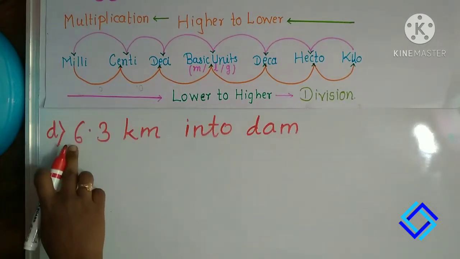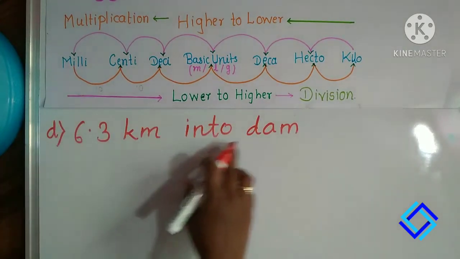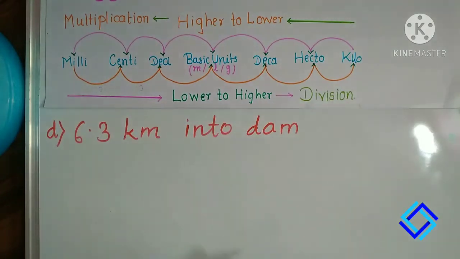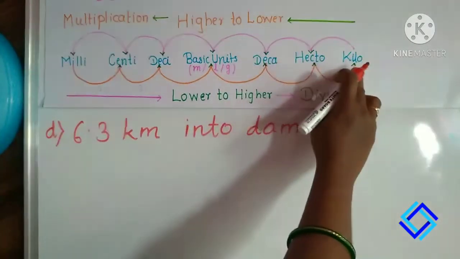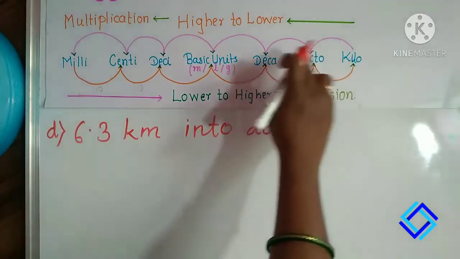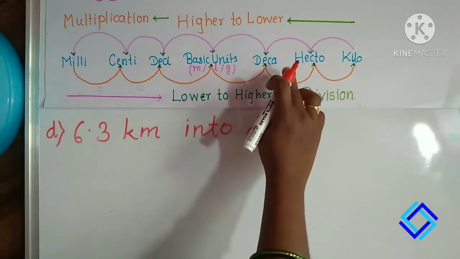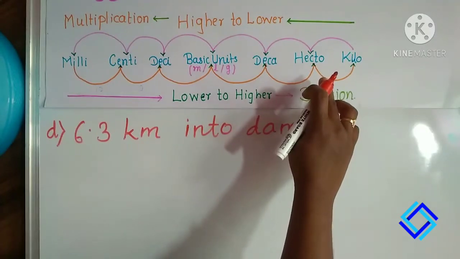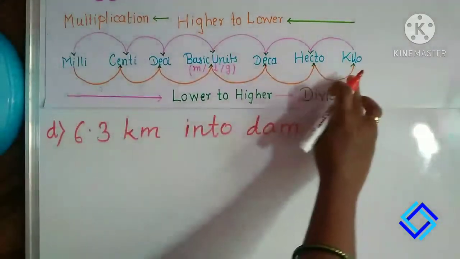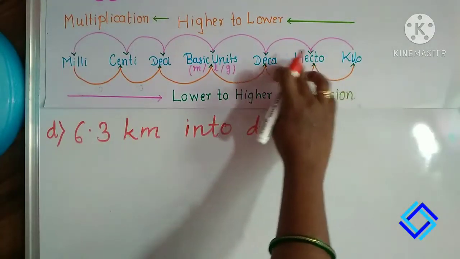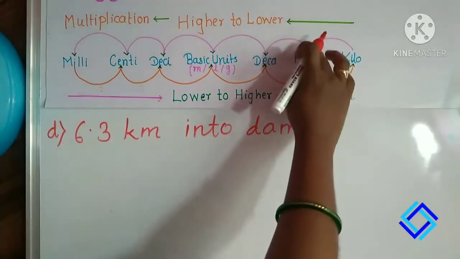Next example, 6.3 kilometer into decameter. We have to convert from kilometer into decameter. So higher unit to lower unit. When we convert from higher unit to lower unit, we have to multiply. Kilometer to decameter, there are 2 steps.